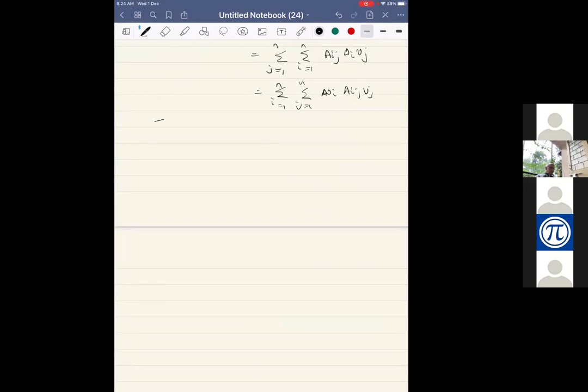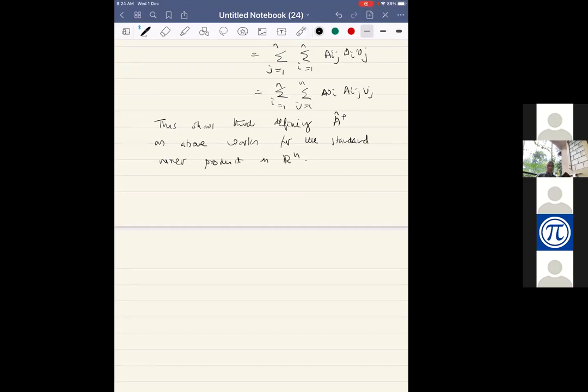So this shows that defining A dagger as above works for the standard inner product on Rn.